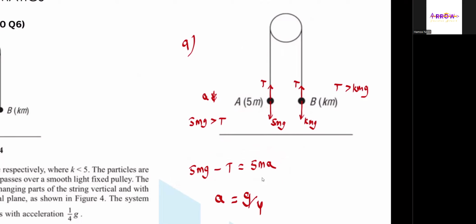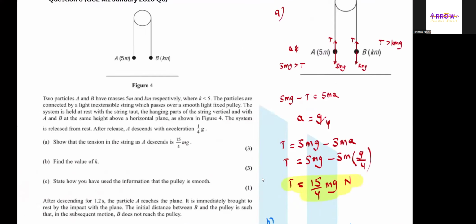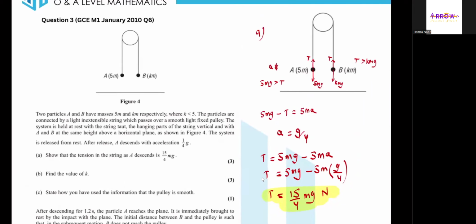In the same way, the equation of motion for particle B would be T minus kmg equals kma. But in this case, we only need to consider the equation of motion for particle A, because when the equation of motion for particle B is considered, k is unknown, and we don't have enough information right now to find the value of k.